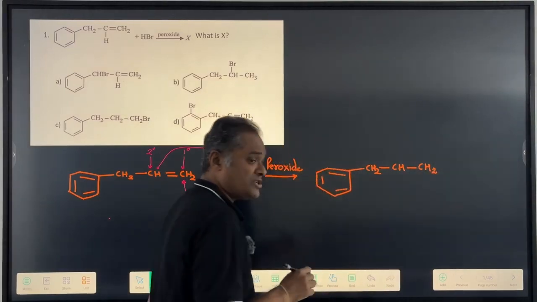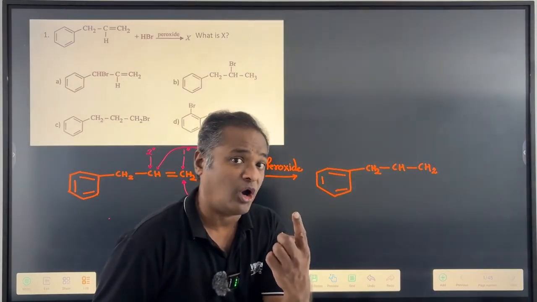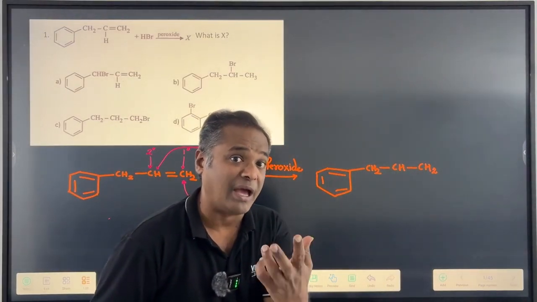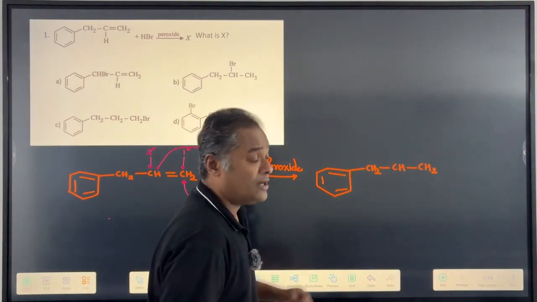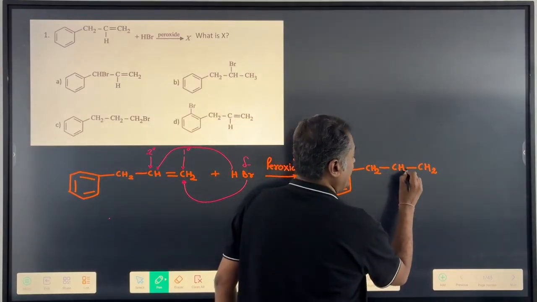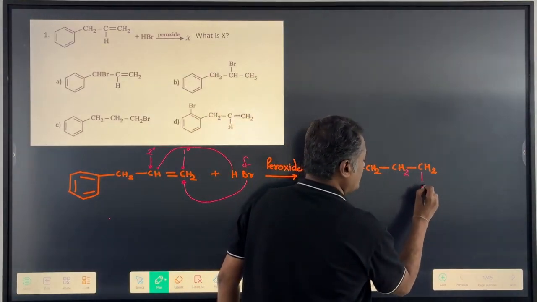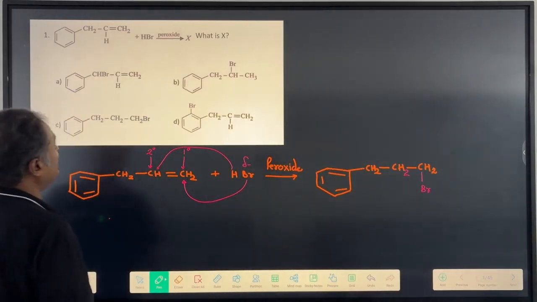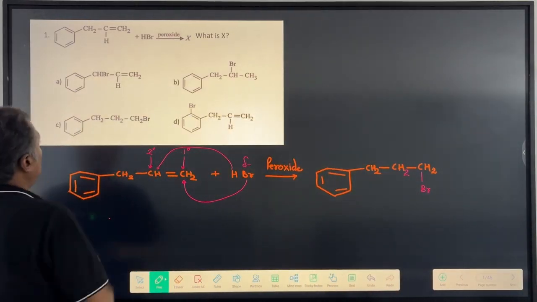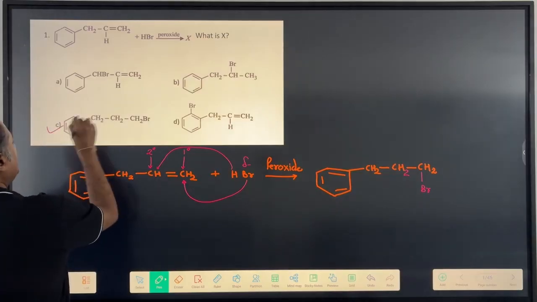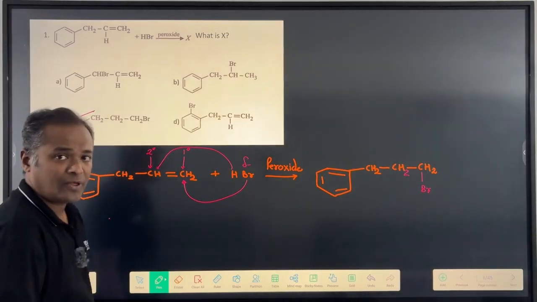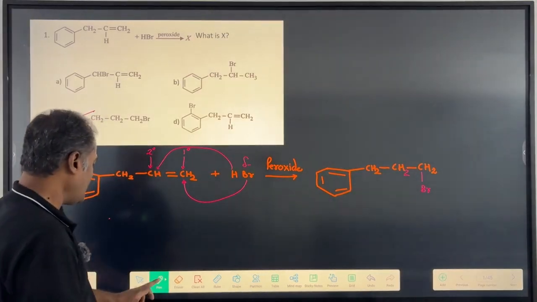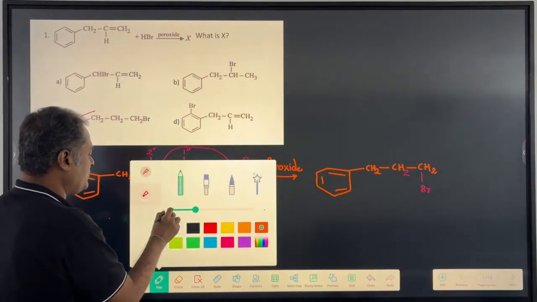If you remember child, I told you double bond, but I have not put a single bond in that which is a pi bond, because we have to break that. Now you will have H over here and Br over here. So the correct answer for this MCQ is option C. Is it clear child? I hope this question is clear. Let's proceed with the next question.